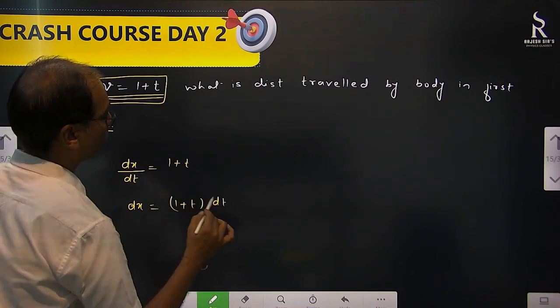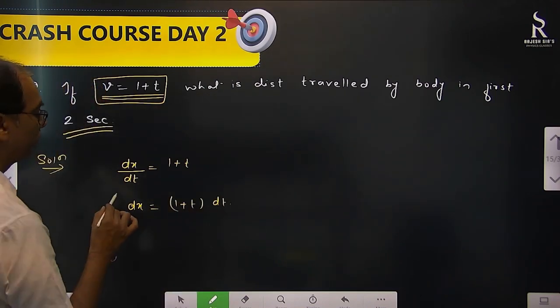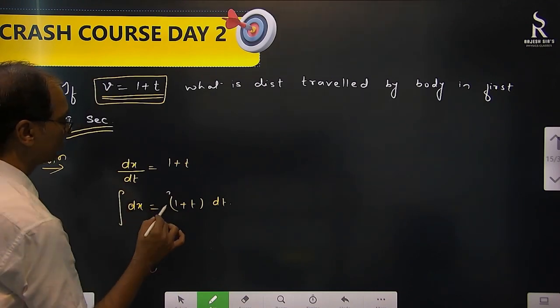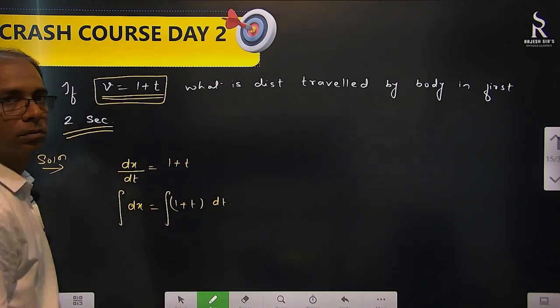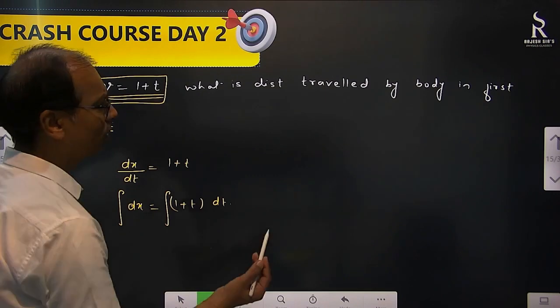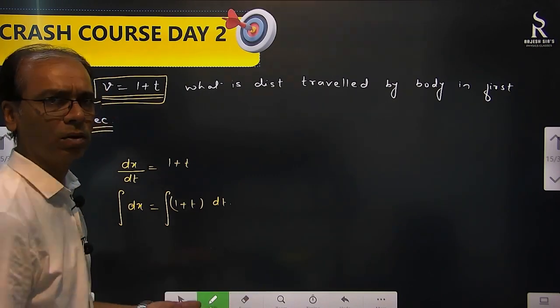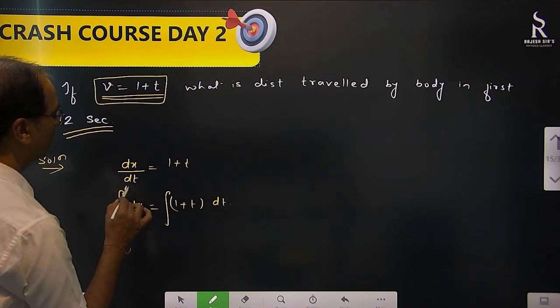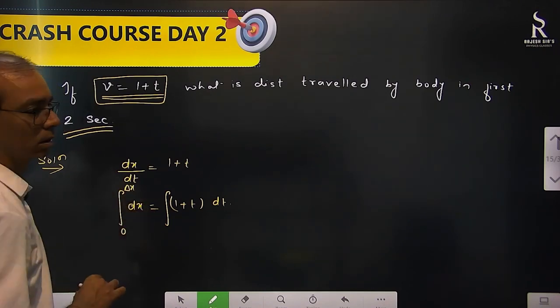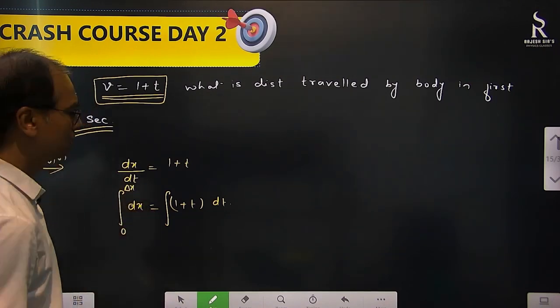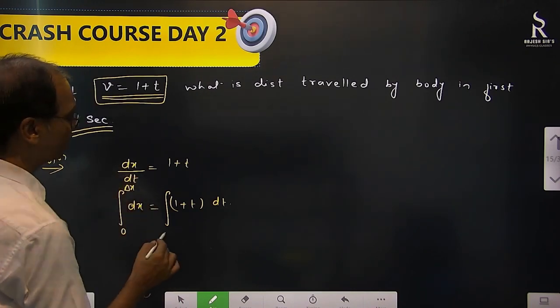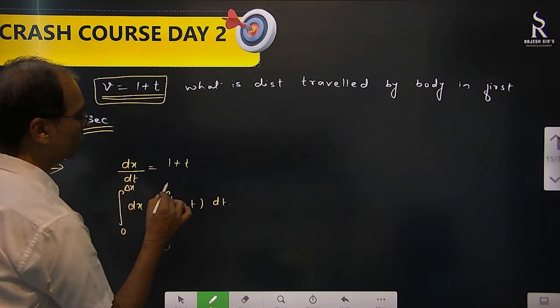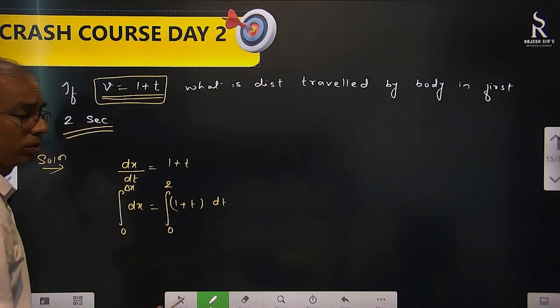Now it's the opposite process. This is what we have to integrate now. From wherever you are starting, we are calling it as 0. And here it becomes delta x. Displacement or distance travelled. Okay. Here he says 2 seconds. So initial is t equal to 0 and this is t equal to 2 seconds. We have to integrate that.